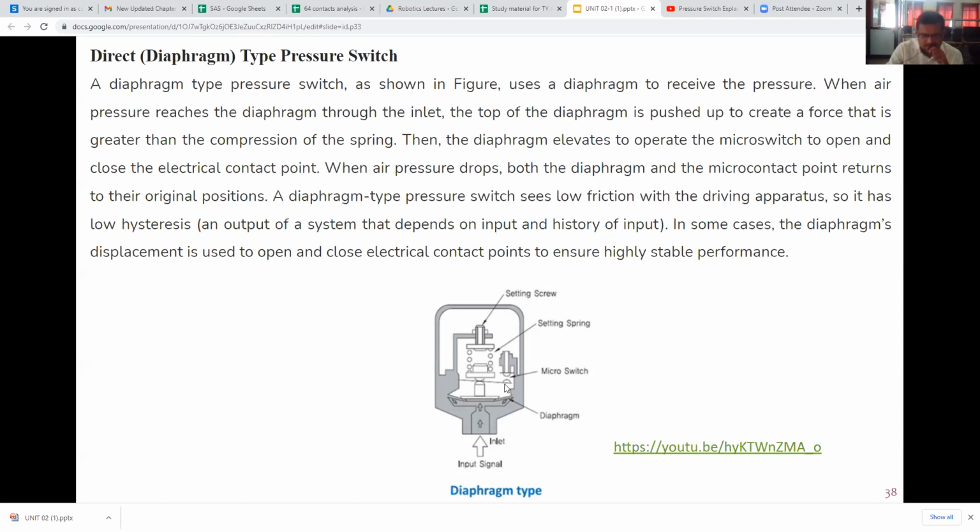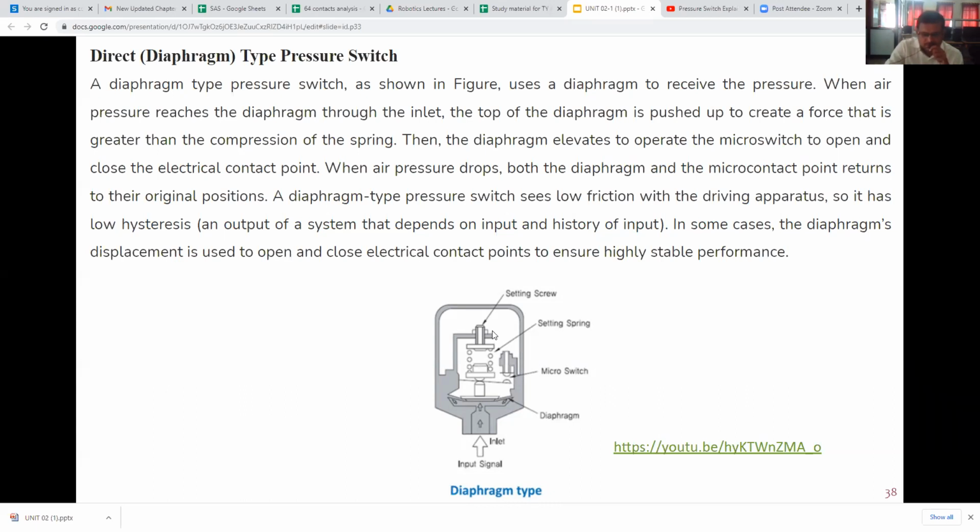Once it is raised, this micro switch is there. This point will touch this point, and also the spring will get compressed, and this point will touch this point and the switch will get activated.